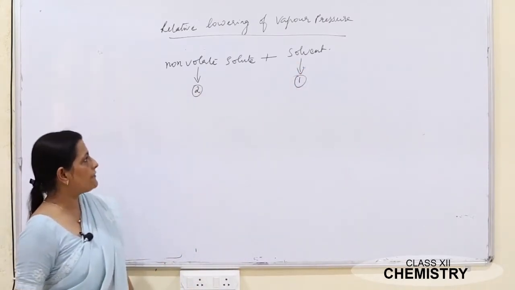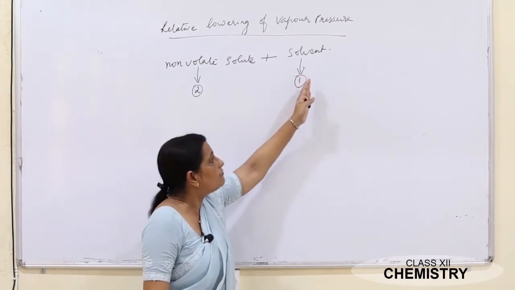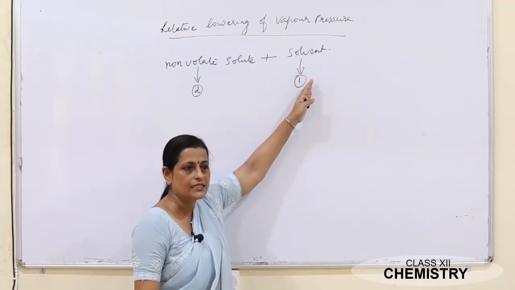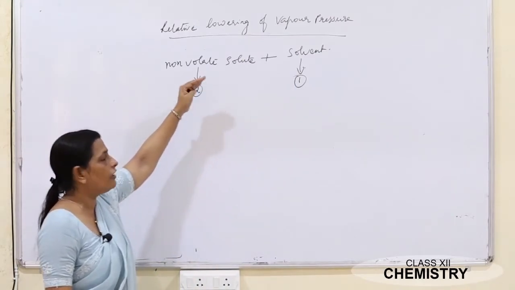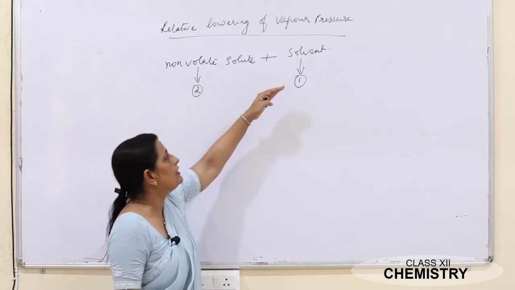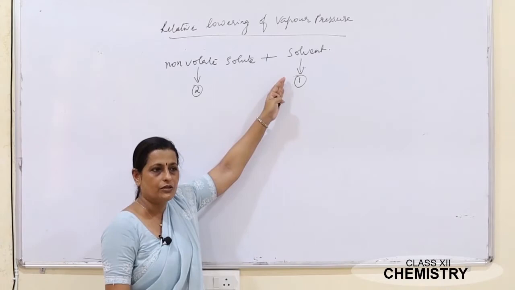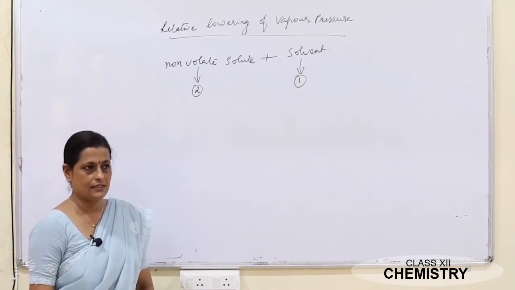So already you have studied when we add a non-volatile solute to a pure volatile solvent, the vapor pressure of the solvent decreases. Why does the vapor pressure of the solvent decrease? Because the non-volatile solute will not vaporize and it will occupy some of the surface occupied by the solvent molecules. So the escaping tendency of the solvent molecule decreases.